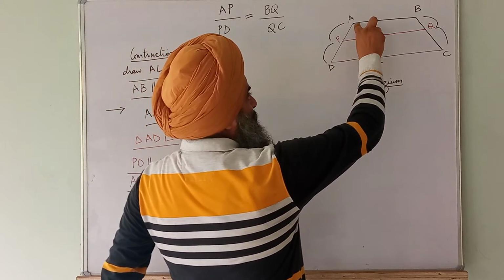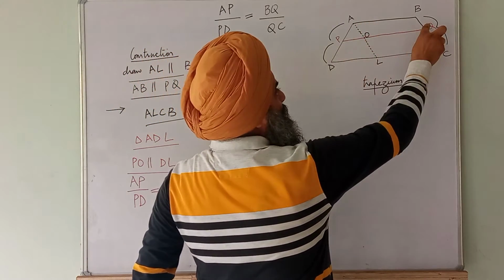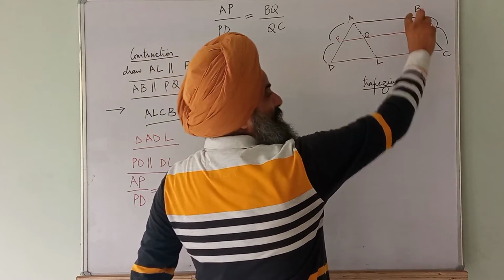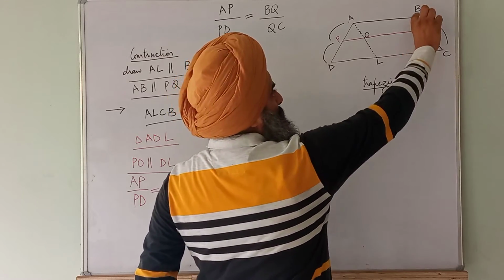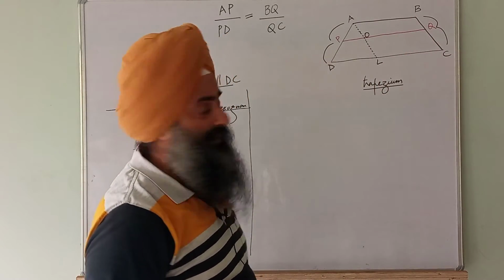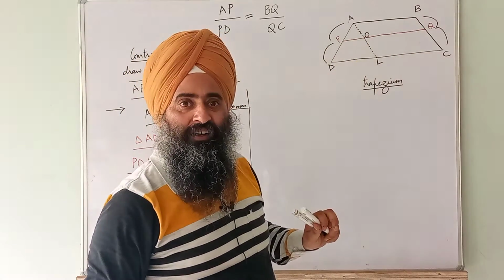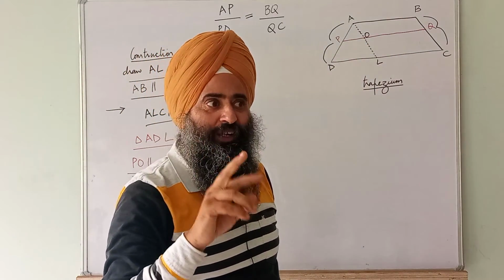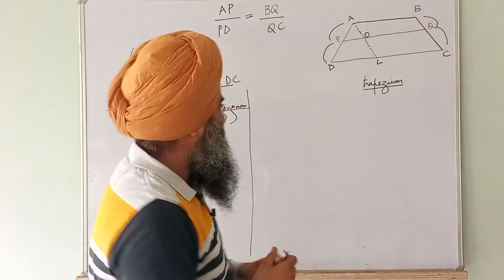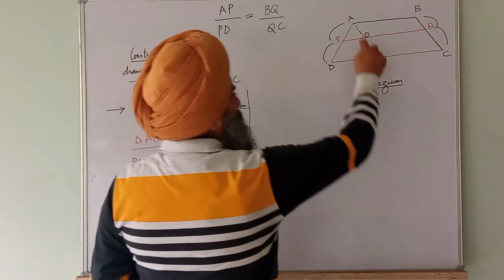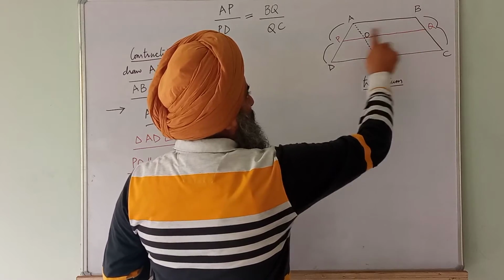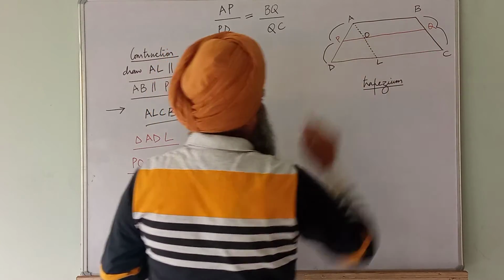Now, students, you see in this parallelogram AOQB, AO is equal to BQ. Am I right? How? Opposite sides of a parallelogram are equal. So AO is equal to BQ and AB is equal to OQ.